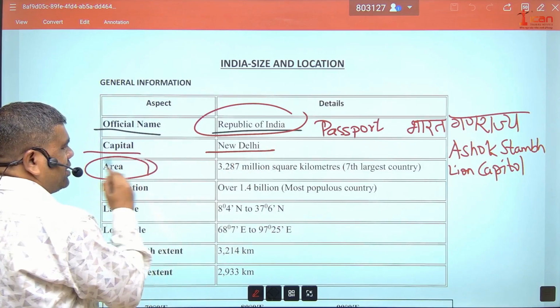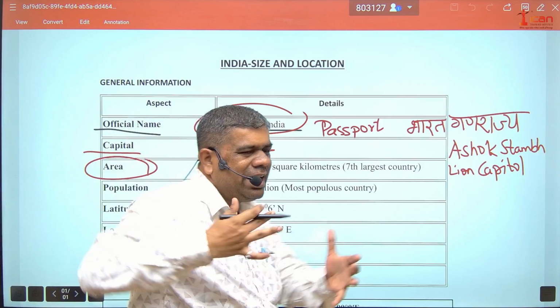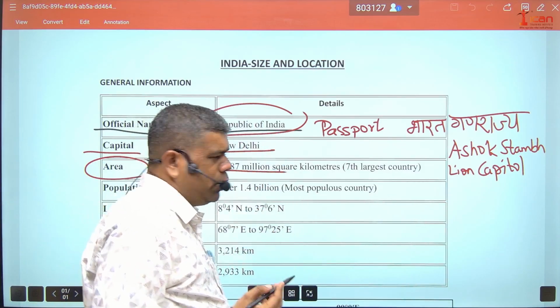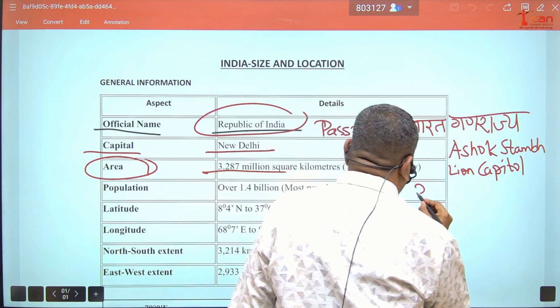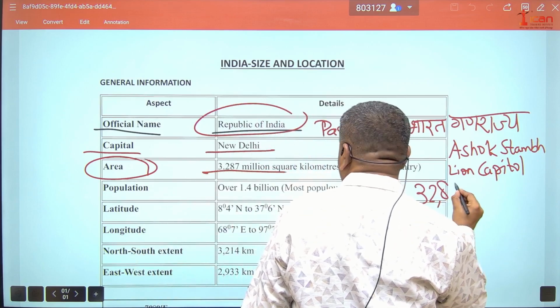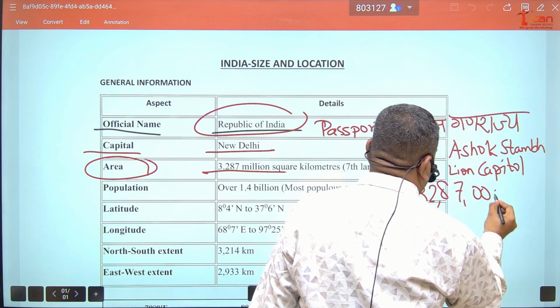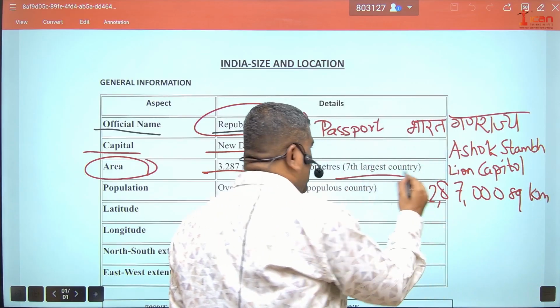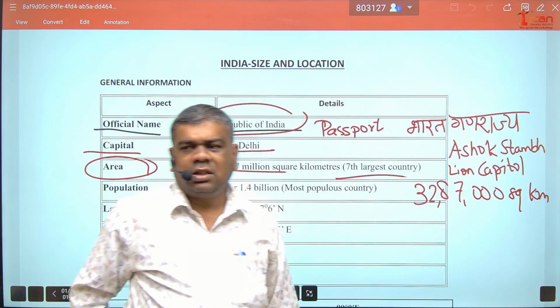What is the area of this country? How big actually is India? So the area is 3.287 million square kilometers, or if you look at it in Indian numbers, 32 lakhs 87,000 square kilometers. It is the 7th largest country in the world.